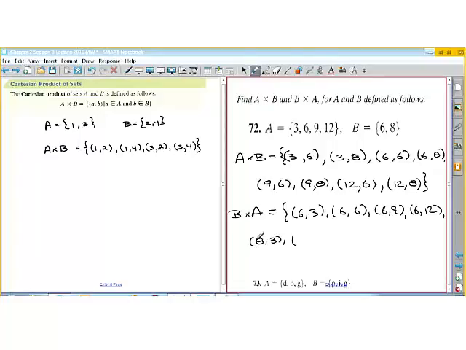So we take 8, and then we cycle through the 4 second numbers, not how I've listed them here, but how they're shown in the operation. So you get 8, 3, 8, 6, 8, 9, 8, 12, close set.